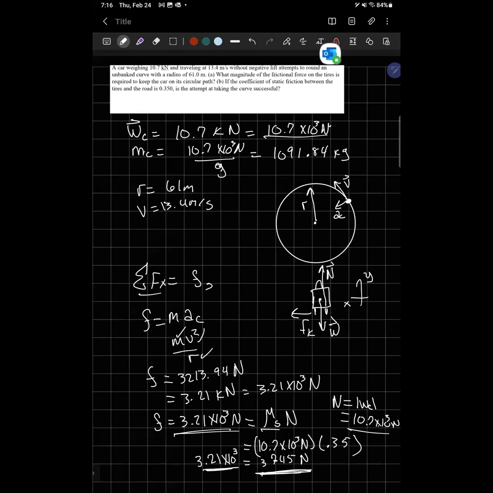Now, if it was less than, though, it wouldn't. If it was less than the number that we got earlier, it would basically go into this bank and skid off, keep on going, and not go into that circular path.